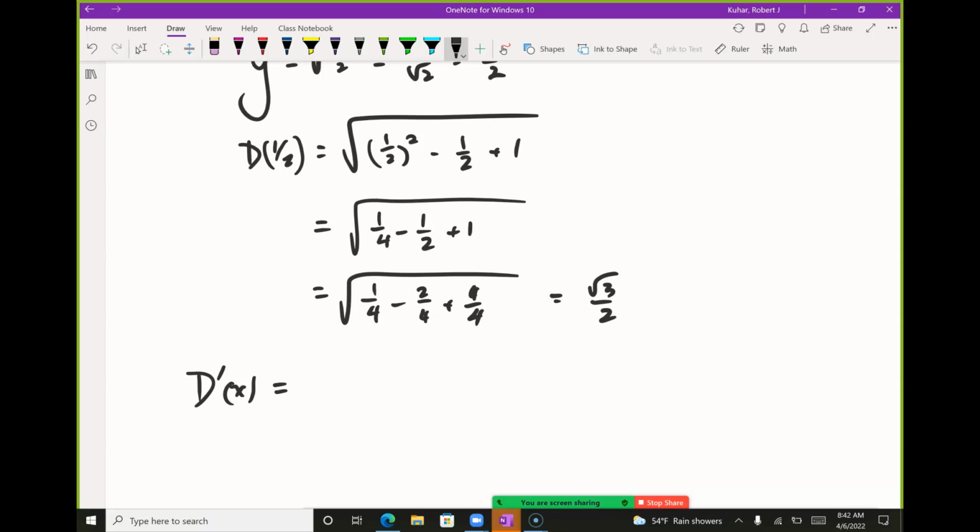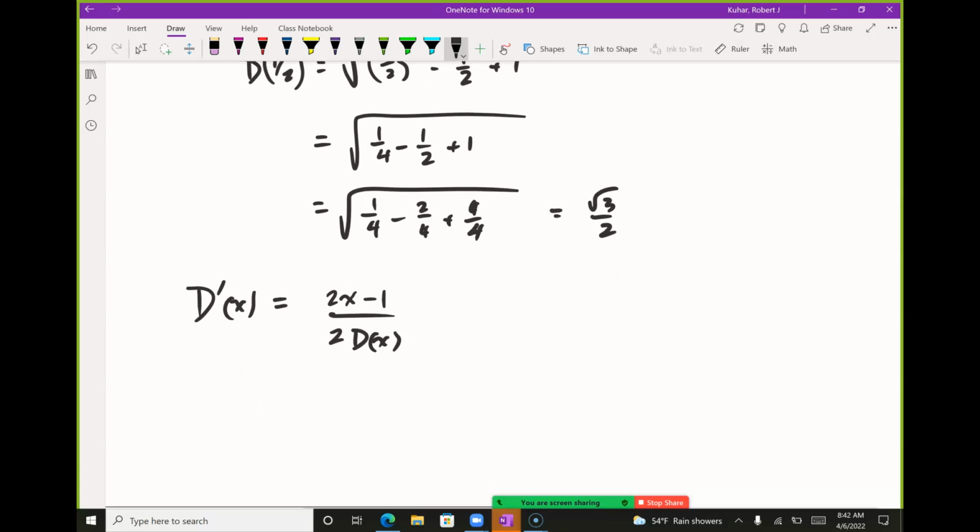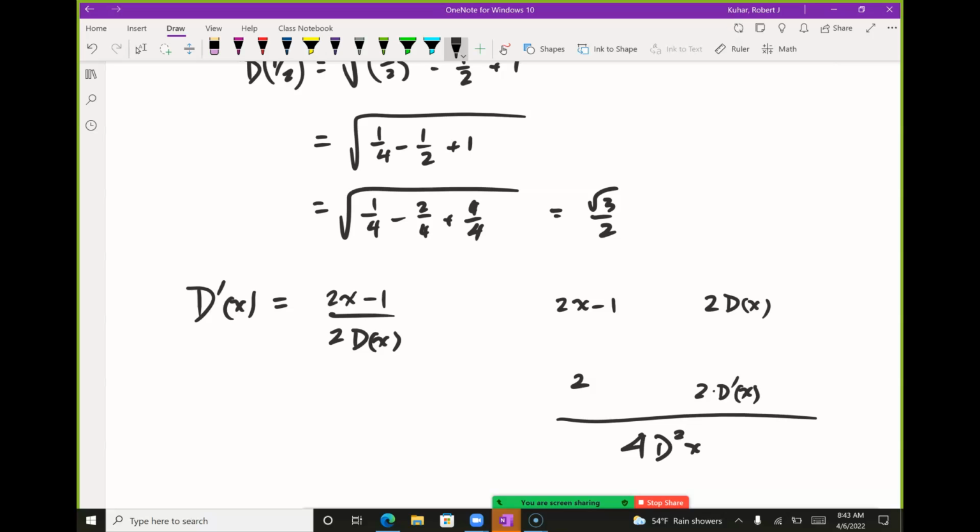So d prime of x was 2x minus 1 over 2d of x. I'm going to use a quotient rule here. My upstairs function is 2x minus 1, the derivative is 2. The downstairs function is 2d of x, the derivative is 2 times d prime of x. And of course the downstairs squared is 4d squared of x.